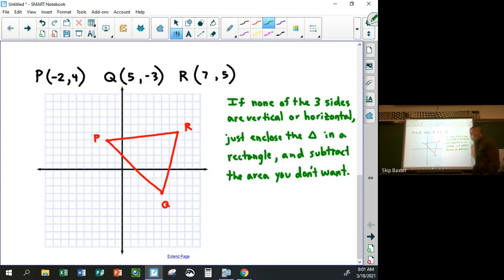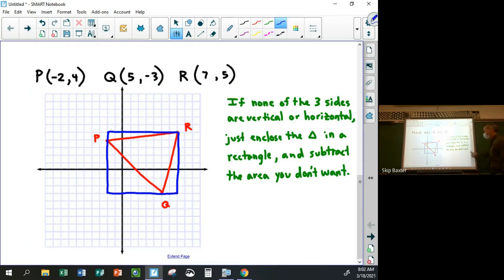Okay, so what I mean is, draw the smallest rectangle that completely contains triangle PRQ. So in this case, I could draw a rectangle that goes this way, and then down to here, and then over. So this is the smallest rectangle that would contain the triangle that I'm looking at.